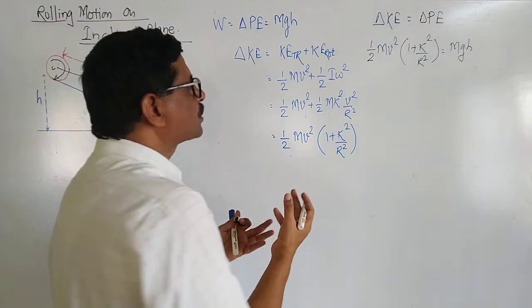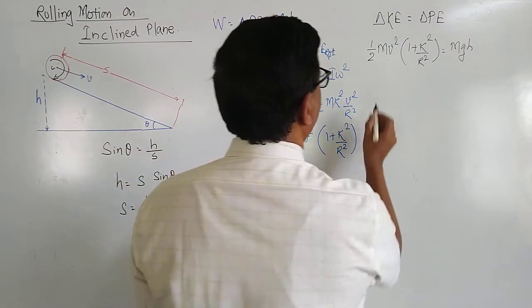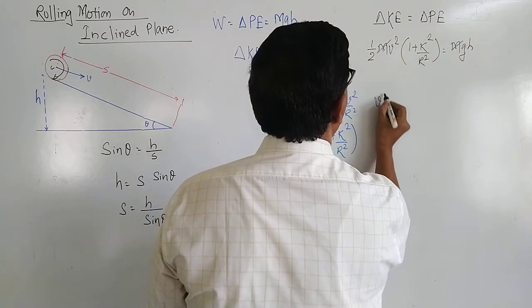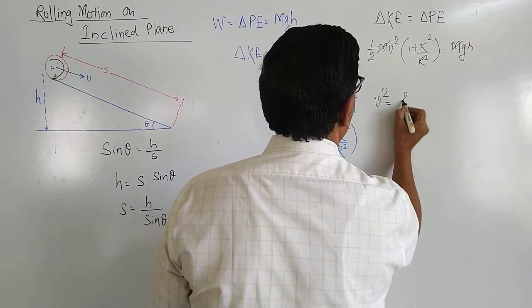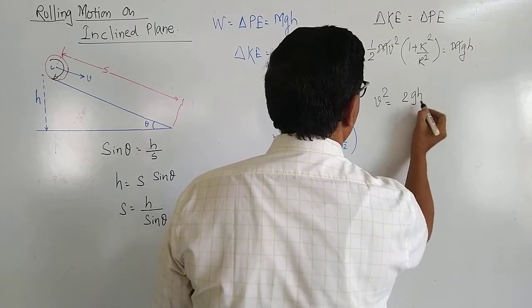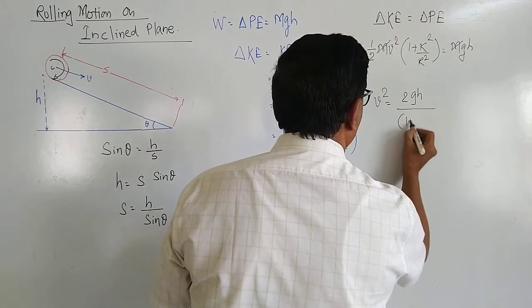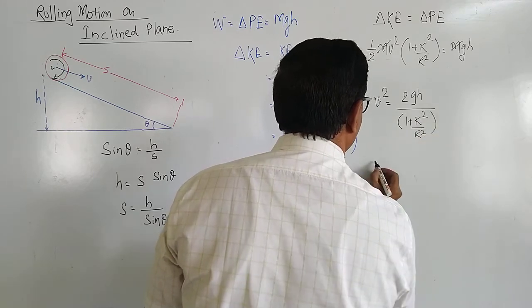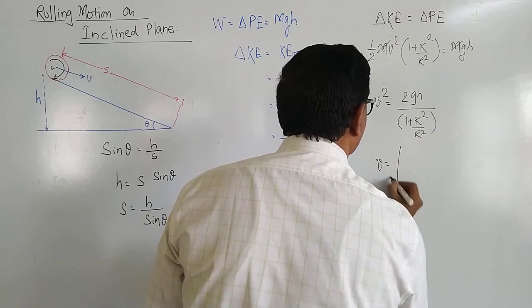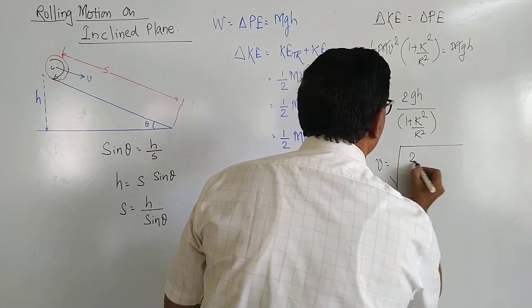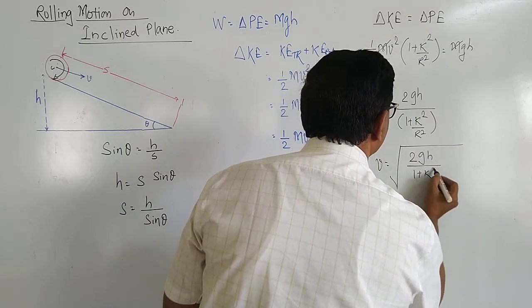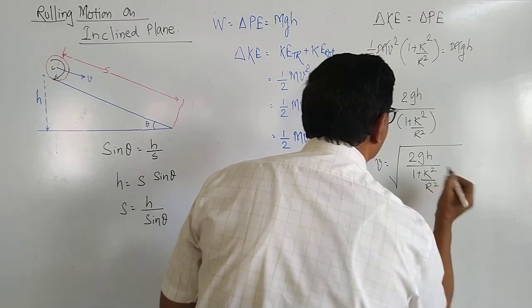With this, m gets canceled, and what remains is v squared equals 2gh divided by 1 plus k squared divided by r squared, and hence v is equal to the square root of 2gh divided by 1 plus k squared divided by r squared.